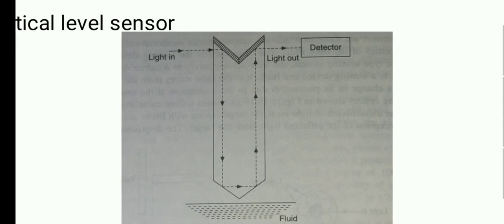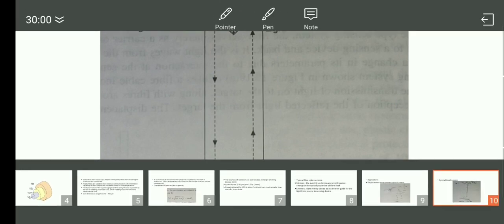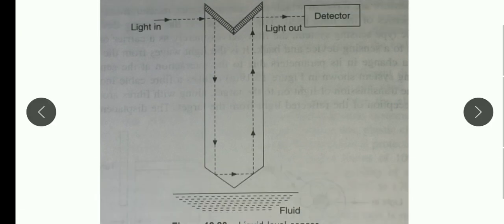The second application is the optical level sensor. As the name suggests, we are measuring the level of the liquid surface. Here we can see an optical dipstick with a conical tip.